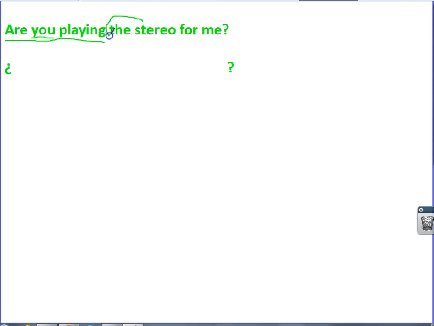The stereo. Step 2 is to state the direct object, and then step 3 is to state the indirect object pronoun, me, te, le, nos, or les, and put it where it belongs. And then, if you need clarification or emphasis, add it.